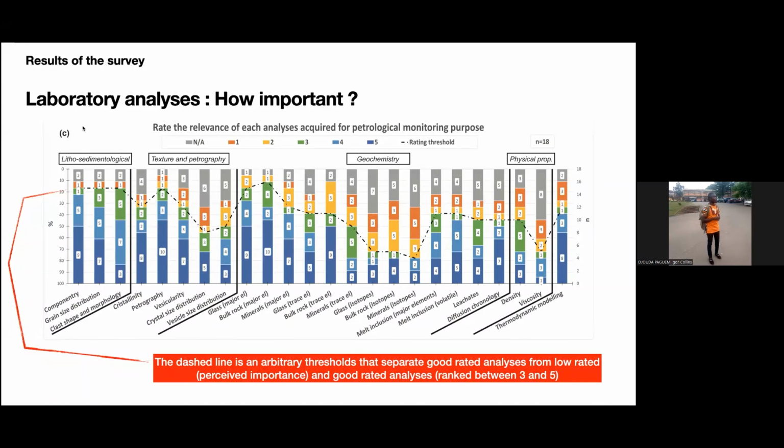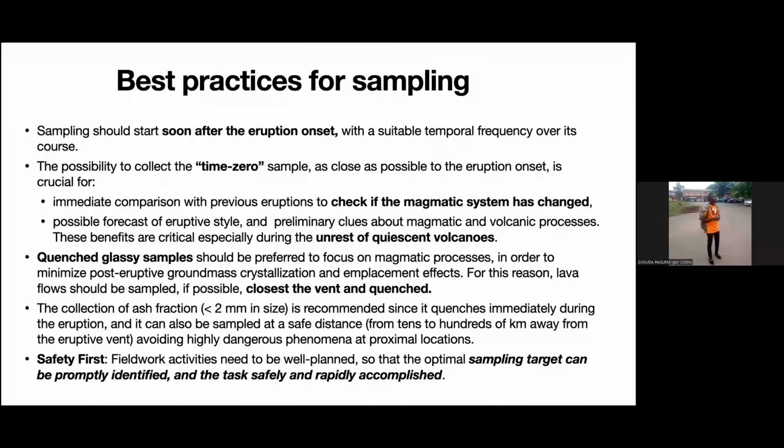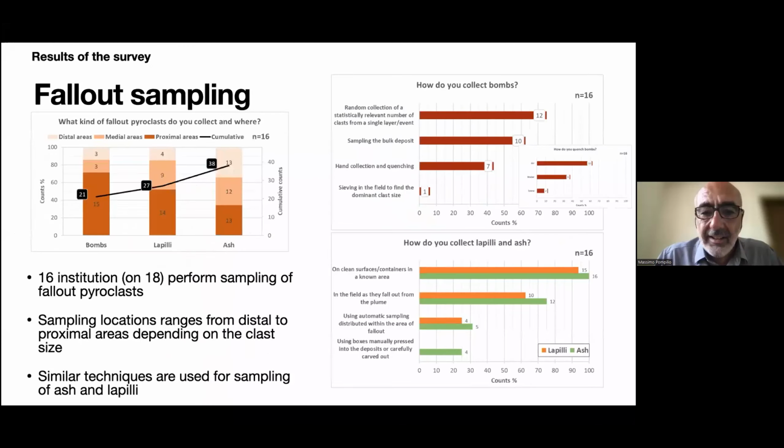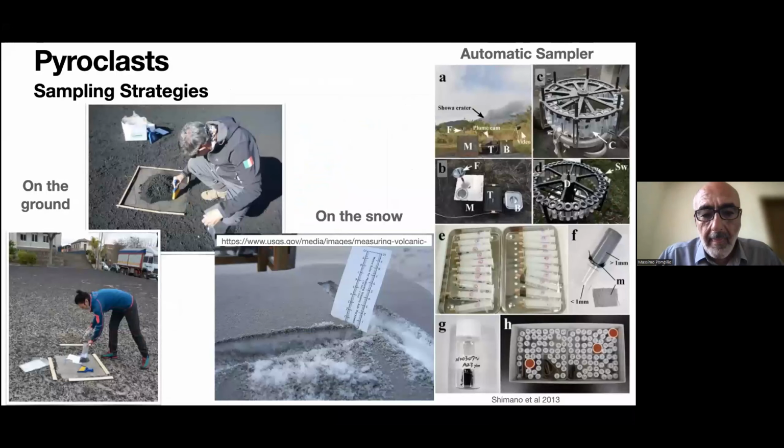I would like to know, when we are doing petrological monitoring, what are the aims? What do we look for? Yes. Okay. So one case, for example, just one, you know that.